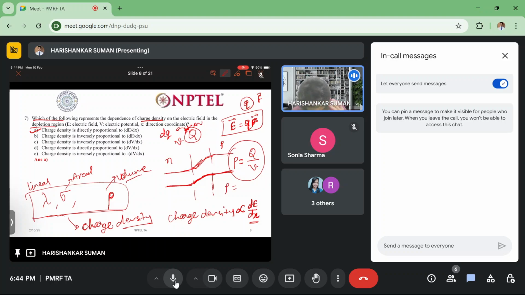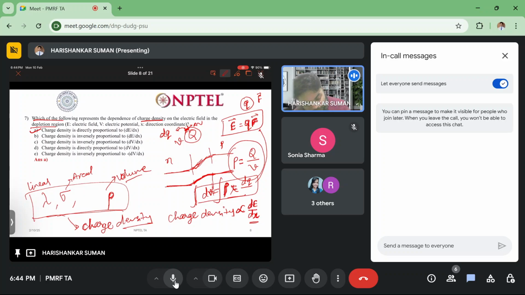So dQ by dV, this is dV volume, rho into dV equals dQ. If I want to find out the total charge, we have to integrate.